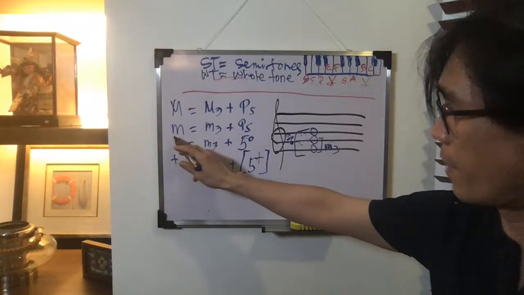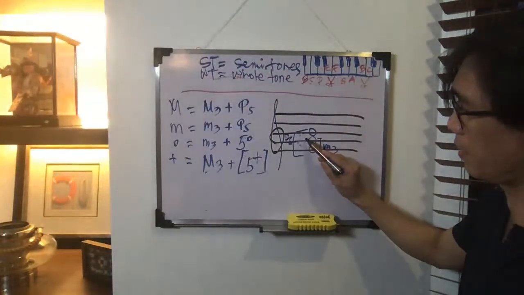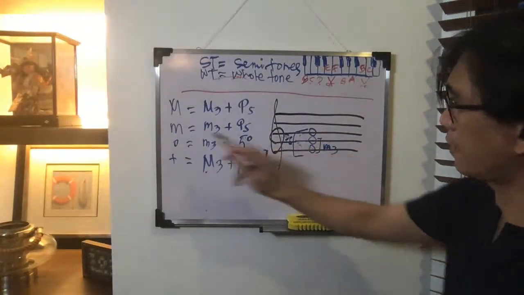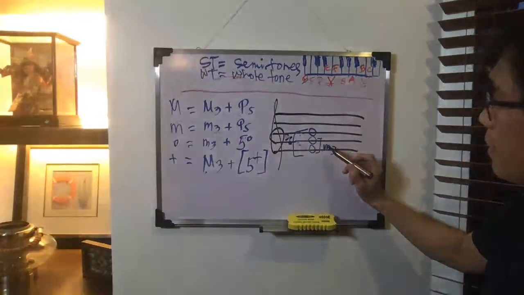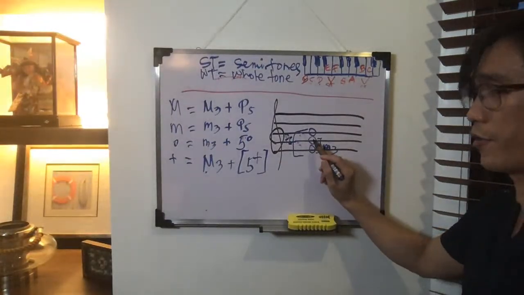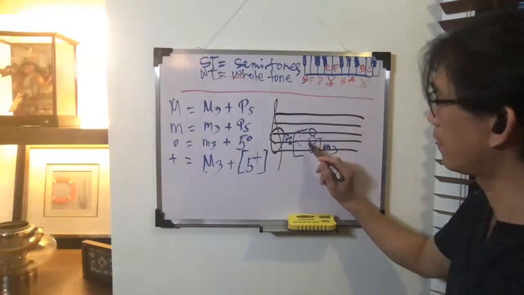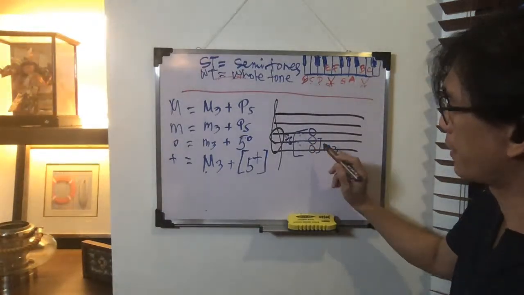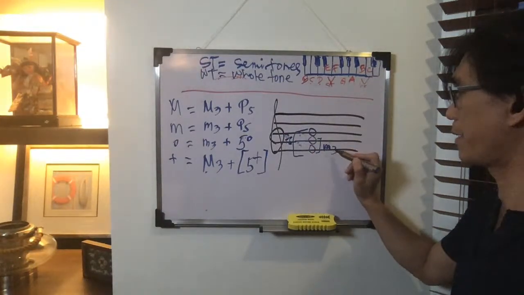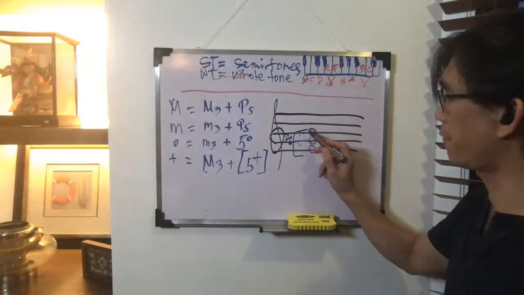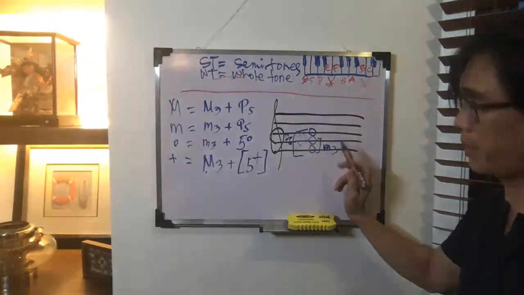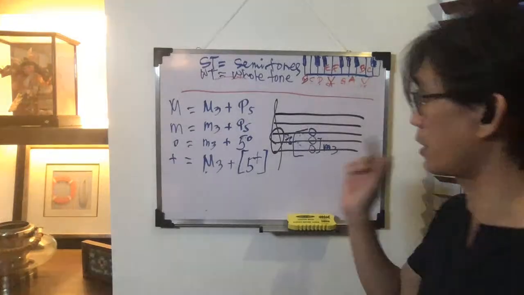Recap. Major with a sharp earlier, the middle note. Now it becomes minor because the third note went down a half step lower. So the interval here became a minor third, but the fifth remained perfect because we did not touch it.